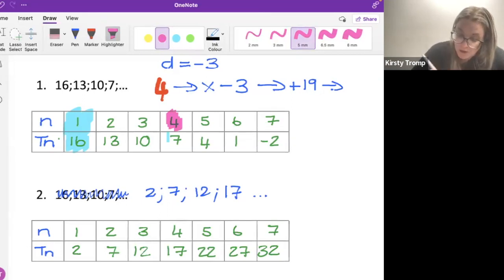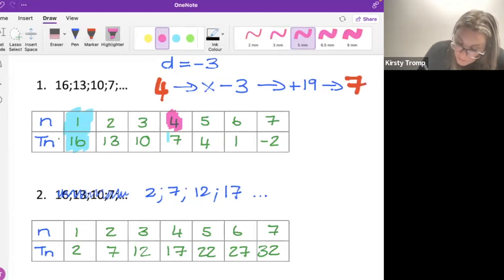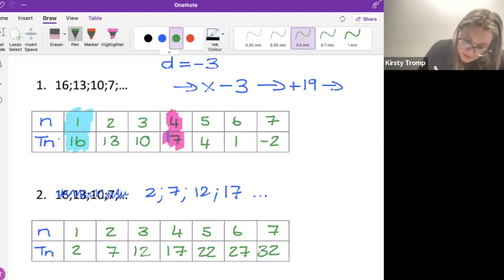And -12 plus 19 gives me 7. Is that what my sum works out to? Is that what my fourth term is? Yes, maths is beautiful. Let's go try another one and see if it works, so let's try this one over here.